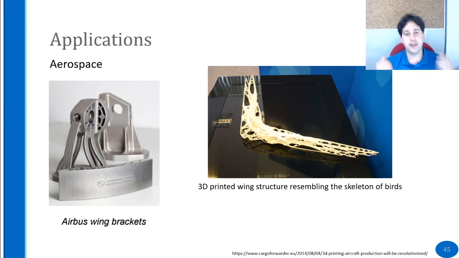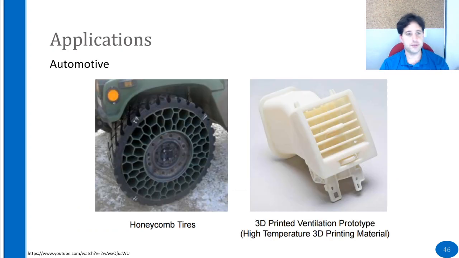Think about if you had a plane whose hull is a third of its original weight, and yet it is as strong. It will save fuel, it will save material. There's a lot of advantages here, and I really think that we will see 3D printed hulls of planes or wings at least in the near future.